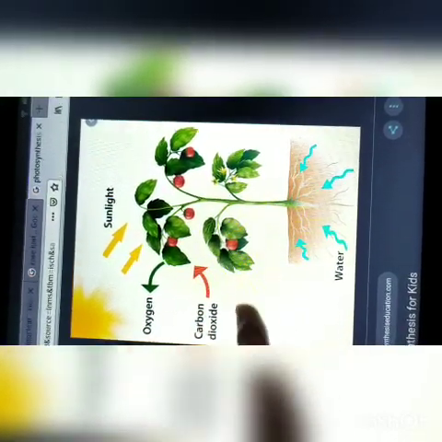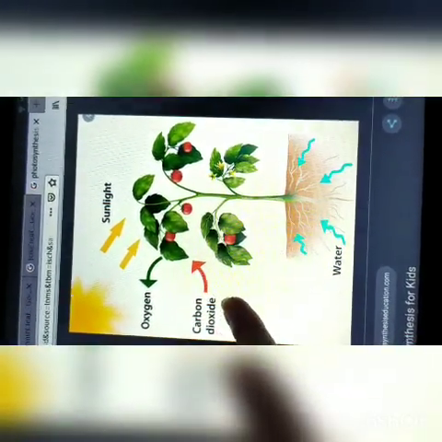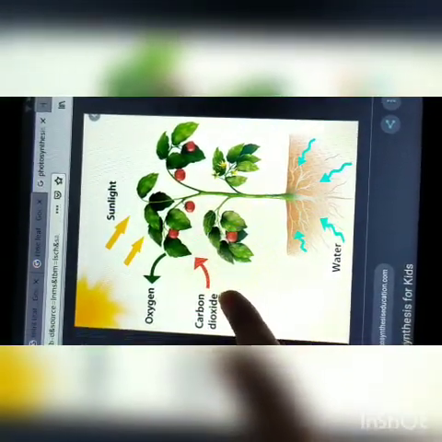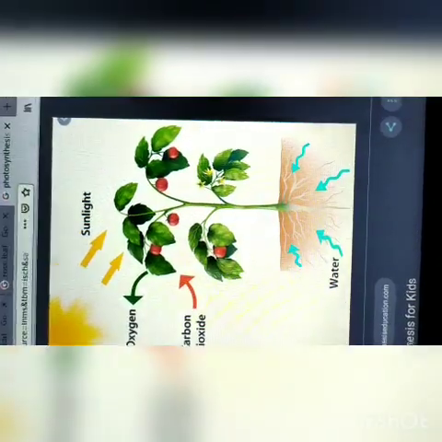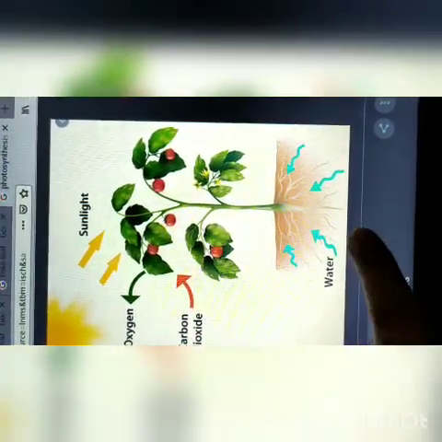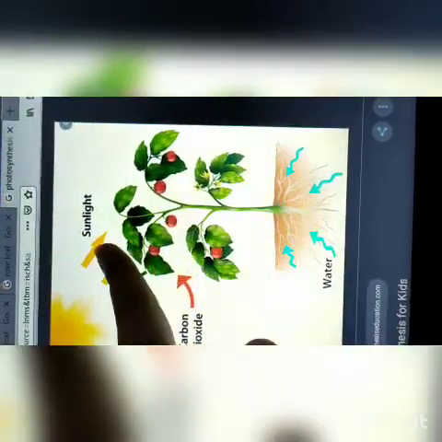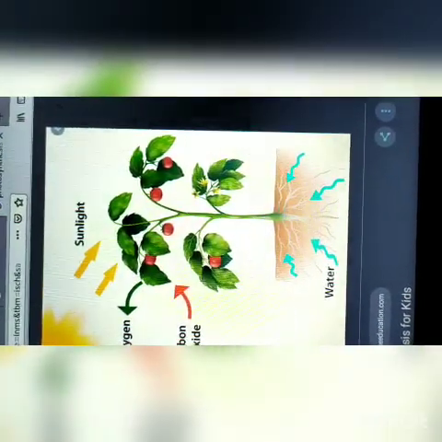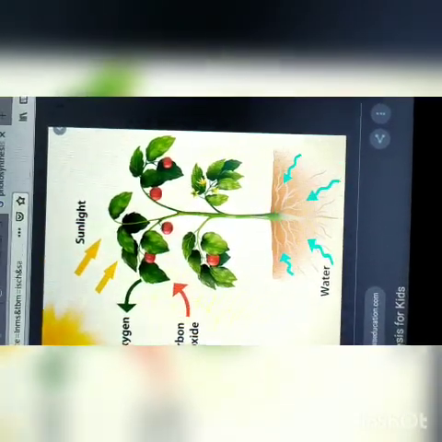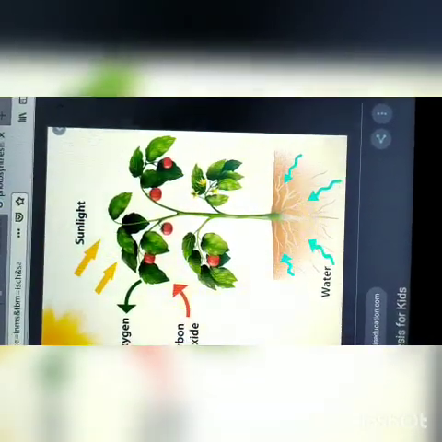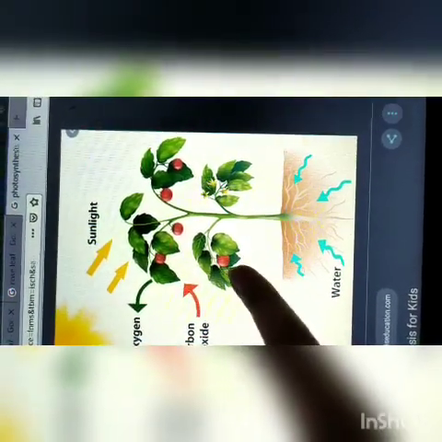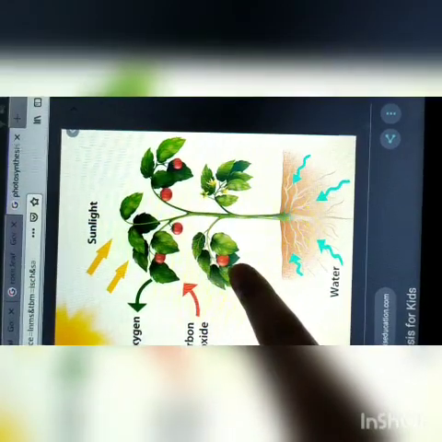Carbon dioxide is a gas which plants take from the air, and with the help of carbon dioxide, water, and sunlight, leaves prepare food. This process is called photosynthesis. So this photosynthesis process takes place in the leaf.